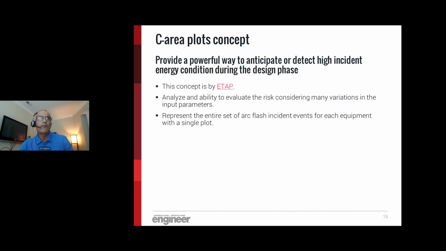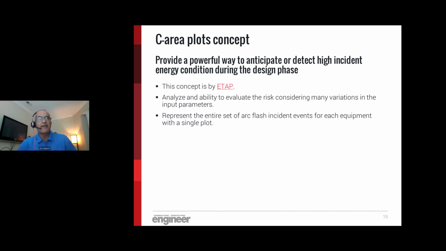Thanks, Ken. One powerful way to detect high incident energy and also anticipate what type of energy we will get during the design stage or even during the coordination study is a new concept referred to as CEA plots, or constant energy area plots.